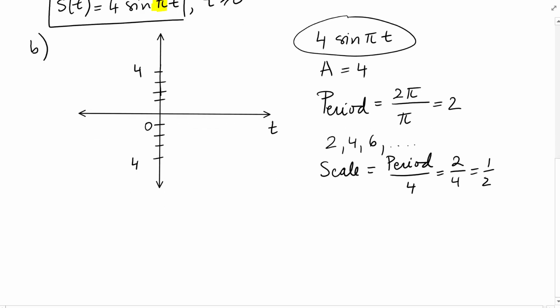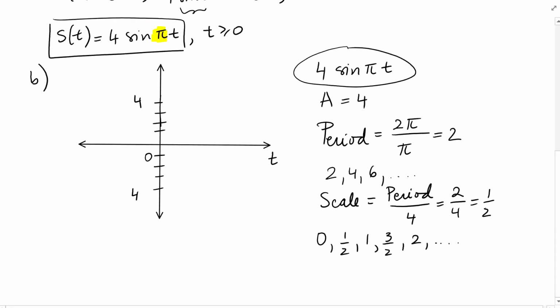So basically, we have 0, 1 over 2, 1, 3 over 2, 2, and so on. These values are producing for sine of pi t the same values that 0, pi over 2, pi, 3 pi over 2, 2 pi produce for just sine of t.